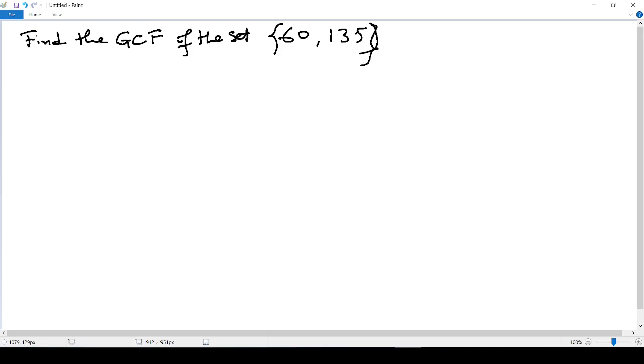First, we find the prime factorization for each number. For 60, the prime factorization is 2 times 2 times 3 times 5, or we can write it as 2 to the second power times 3 times 5.